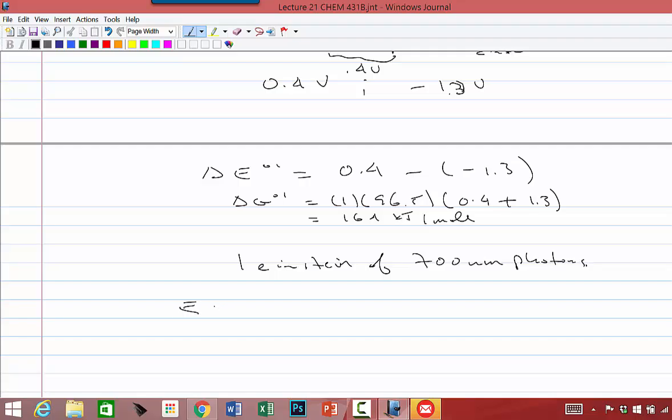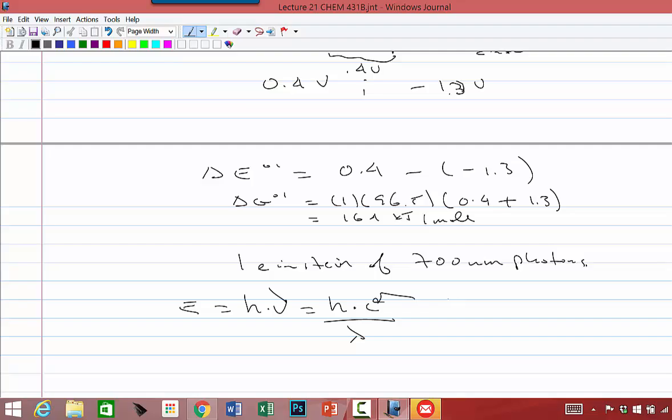In physics, energy is going to be equal to Planck's constant times the frequency, which is going to be equal to Planck's constant multiplied by the speed of light divided by lambda. And here I have all the information I need.